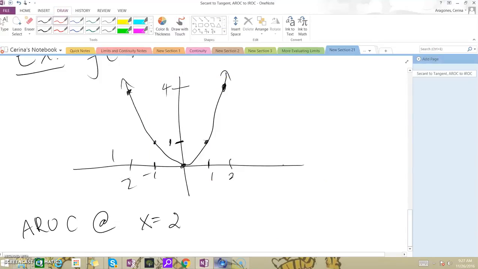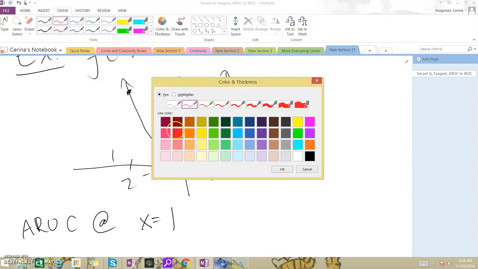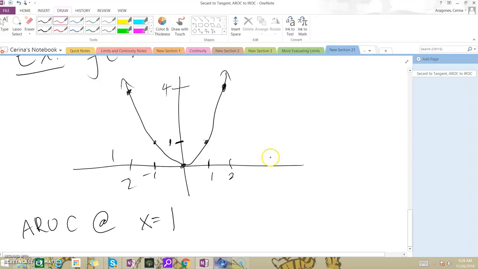And let's do it at x equals 1, actually. Let's say we want to find the slope of the secant line at x. Well, one option might be to draw a secant line between x equals 2 and x equals 1. So there's our secant line.